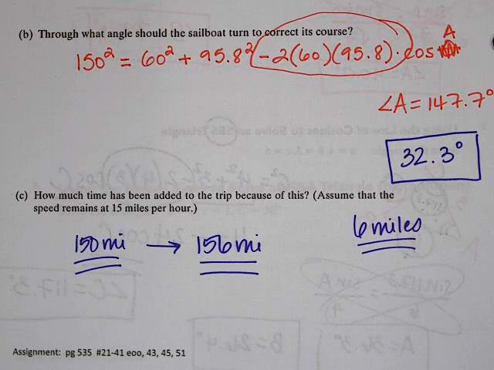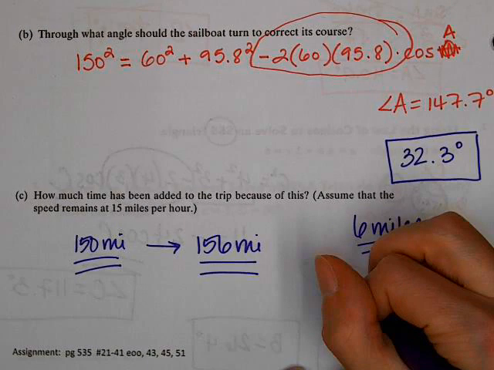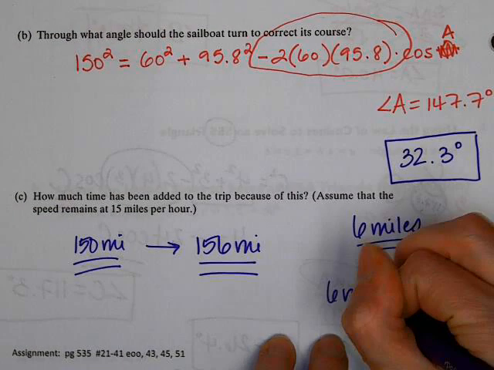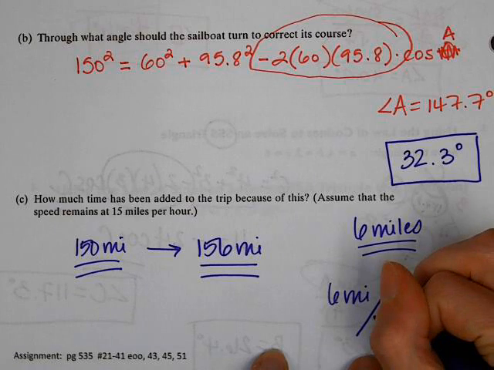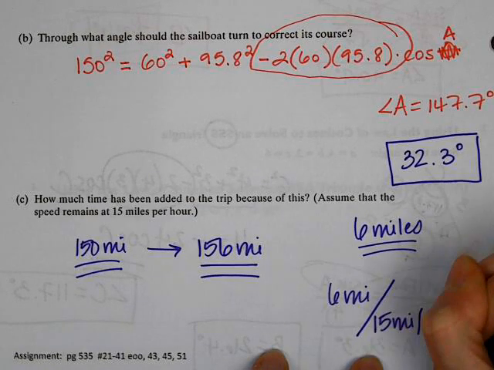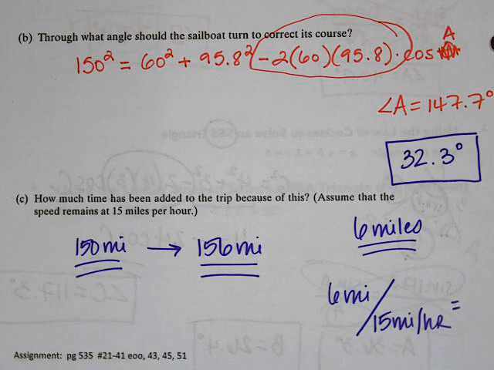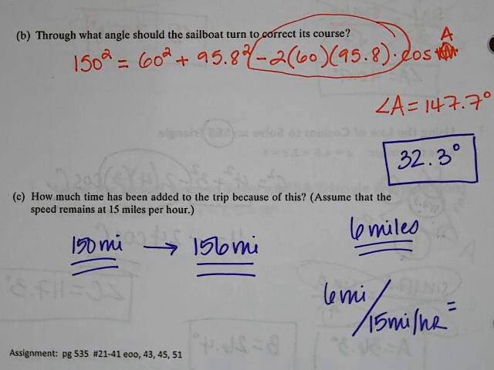But how much time has been added to the trip because of this? You guys know distance equals rate times time. So if they went an extra 6 miles and we divide that by the speed, 15 miles per hour, we'll find out how many hours they wasted.